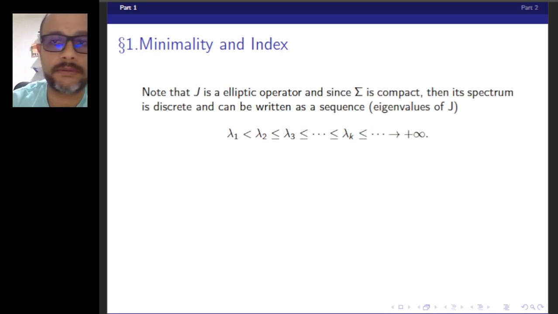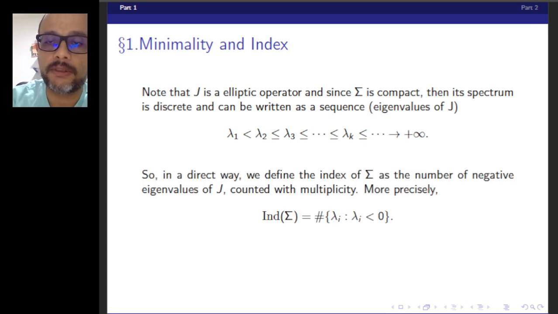First, to recall what I already said. The sequence of eigenvalues of J is a non-decreasing sequence going to infinity, and the first eigenvalue is simple. It is a well-known result in PDEs. So, for us, it is interesting to know in how many directions you can perturb the hypersurface sigma and decrease the area.